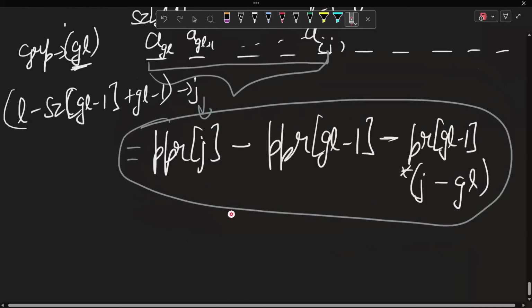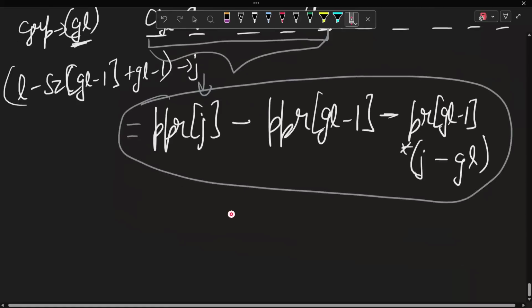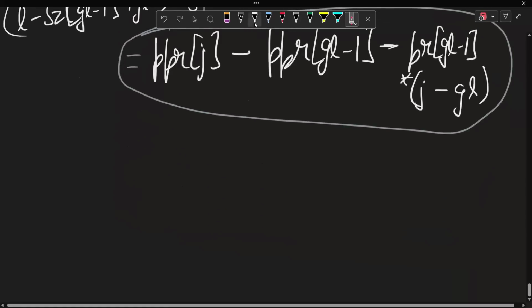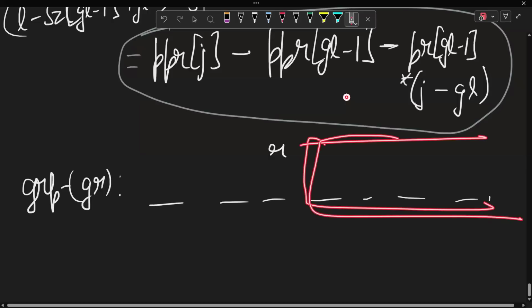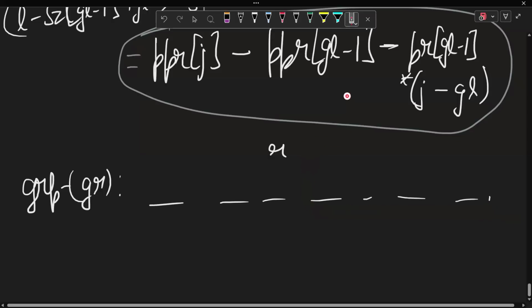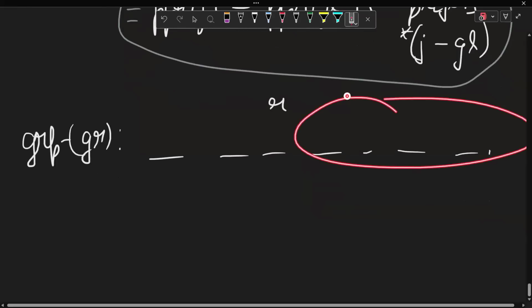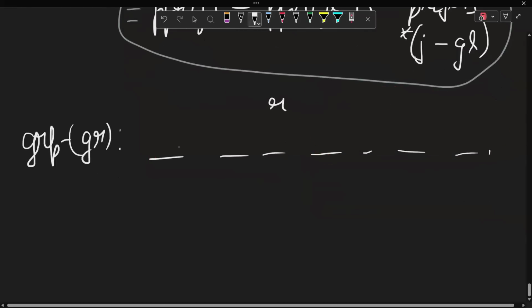And also one more thing that we need to subtract is the sum after R. For the group number GR, it would again have something like this, where we would have an index R. We need to subtract this sum from that. So what would this sum be?